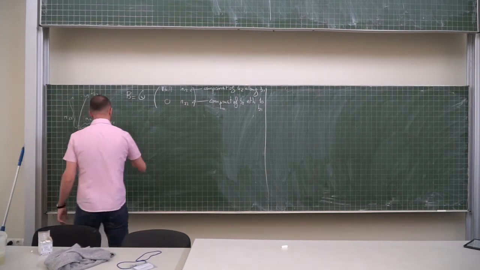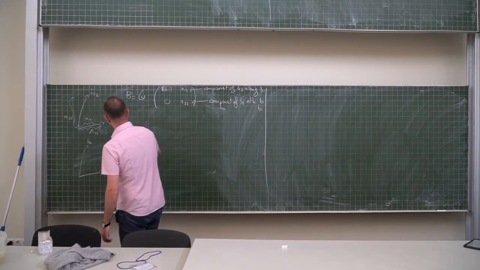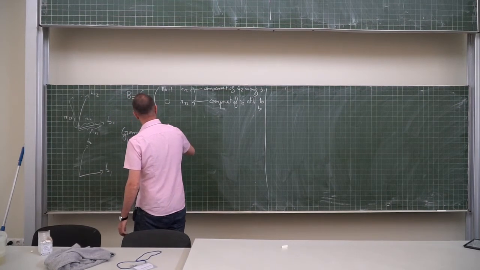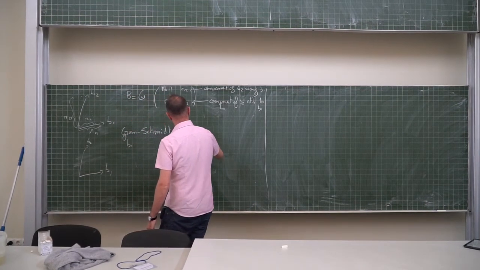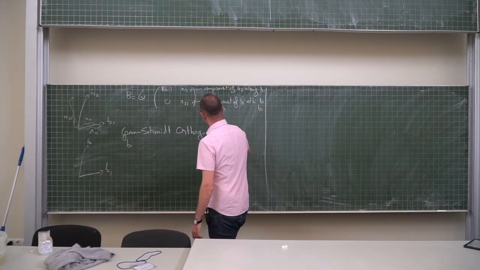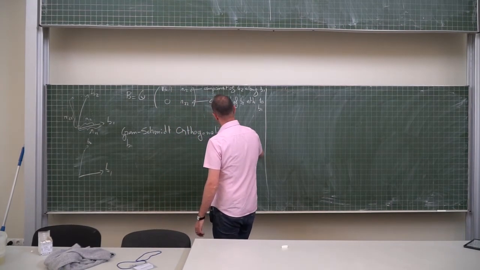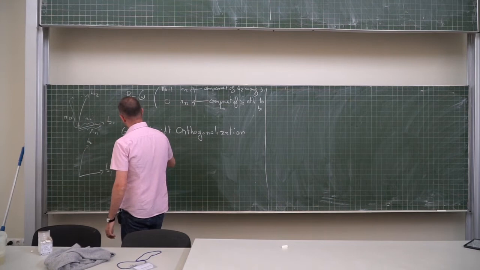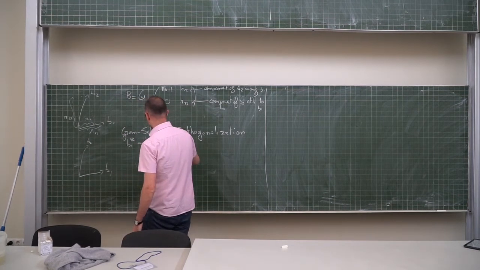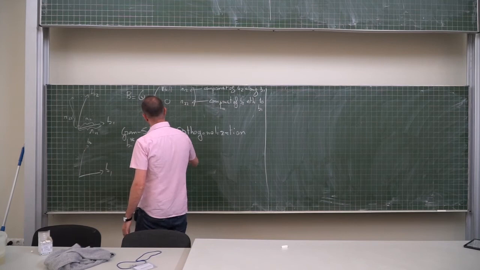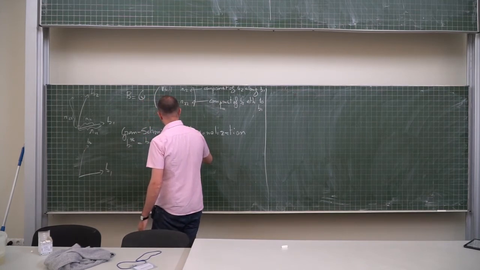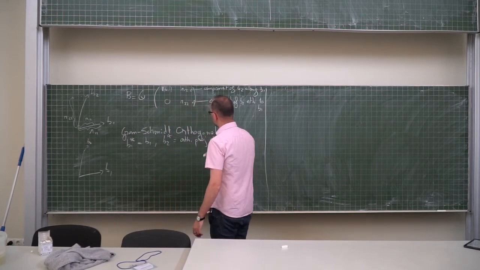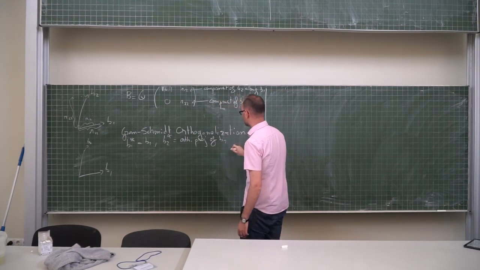Okay, so typically you would define B1 star. So this is Gram-Schmidt orthogonalization. Okay, so B1 star is defined as B1. And B2 star would be the orthogonal projection of B2 against B1.